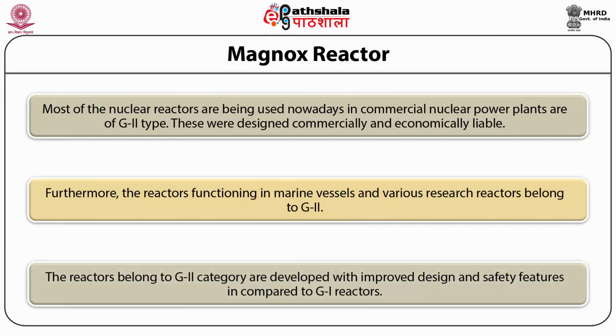The reactors belonging to the G2 category were developed with improved design and safety features in comparison to G1 reactors. There are several nuclear reactors of the G2 type which we will be discussing now.